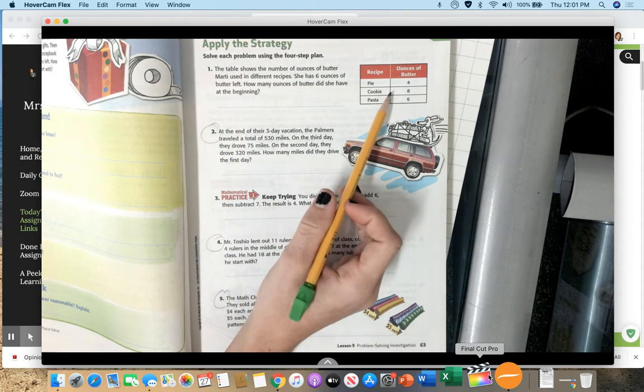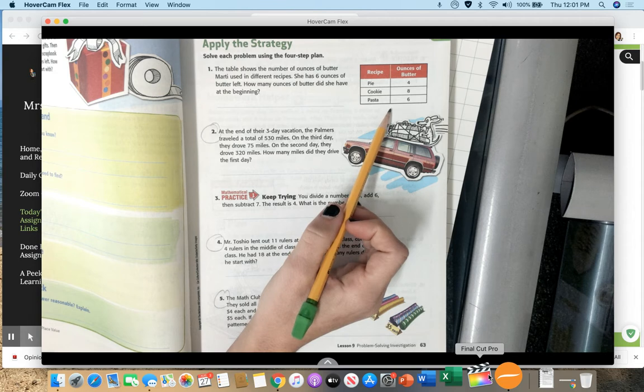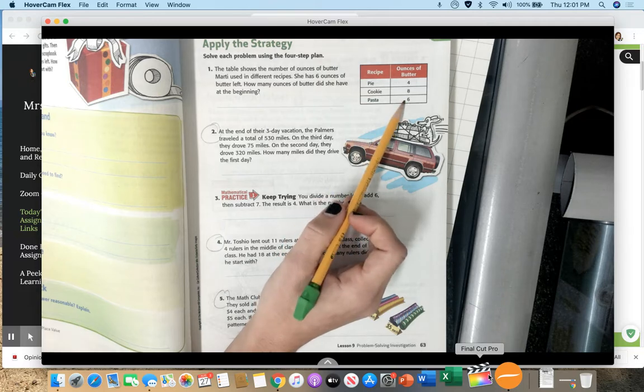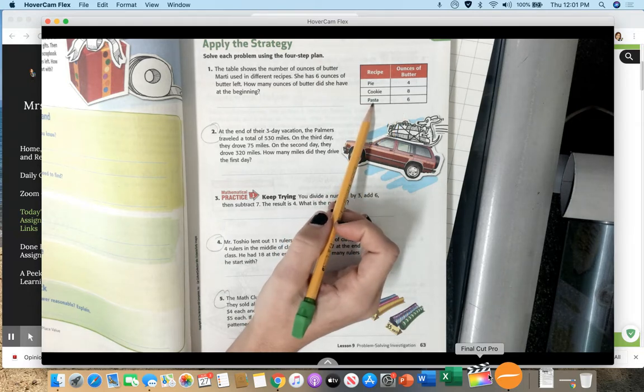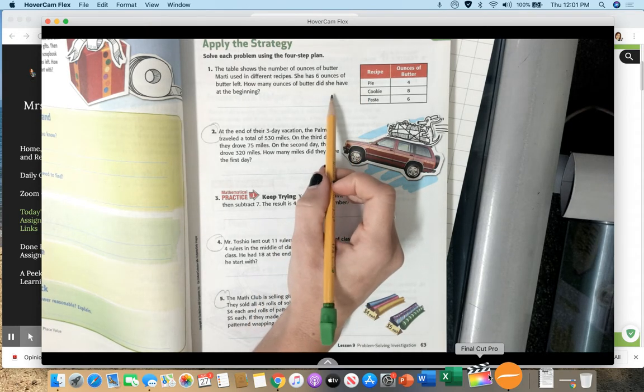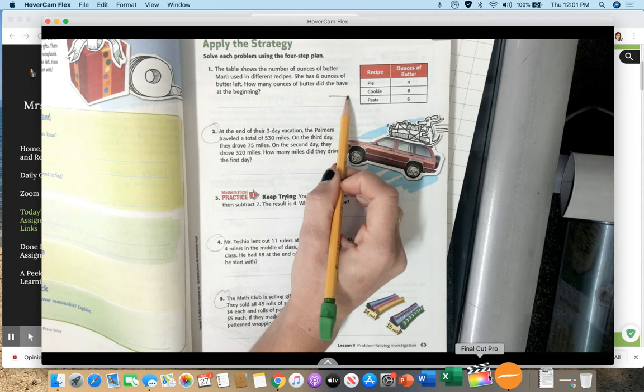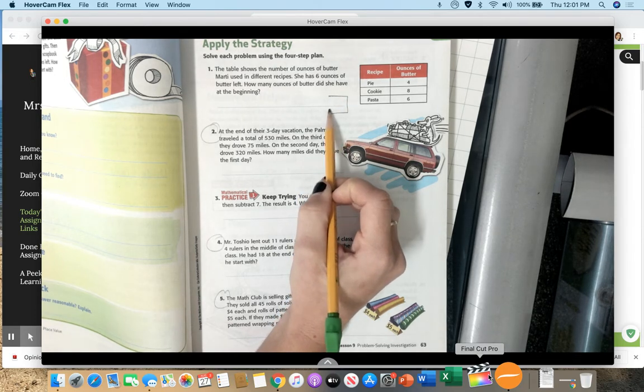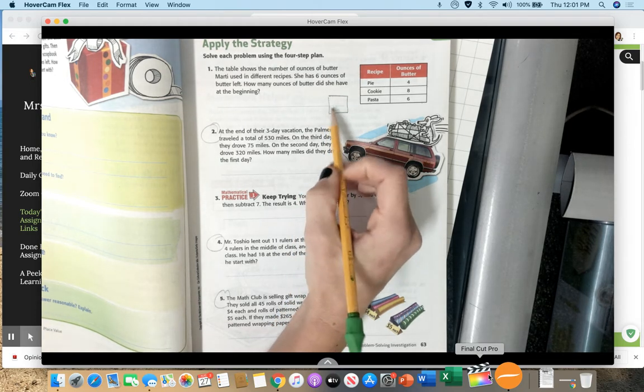The table, which is right here, shows the number of ounces of butter Marty used in different recipes. She has 6 ounces of butter left. How many ounces of butter did she have at the beginning? So I want you to always draw a picture when we're doing word problems. It really helps to paint a picture of what we're doing. So let's say I have a big thing of butter.